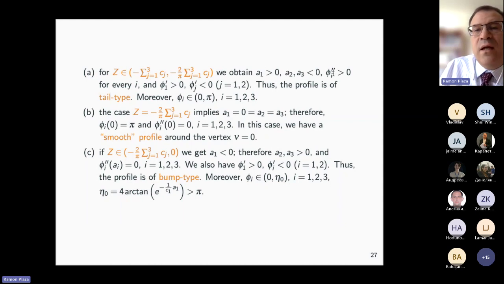You obtain that phi1 prime is positive, and phi j prime is negative, for j equal to 2 and 3. This is called a profile of tail type, because the kinks arrive at the vertex and they just go down. As you know, there is continuity at the vertex and then they go down.